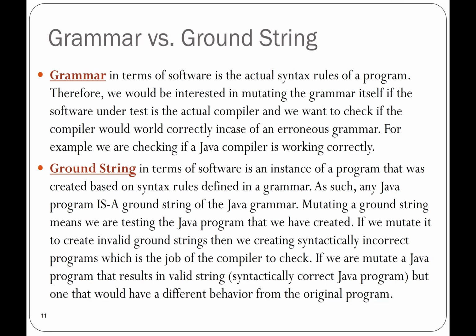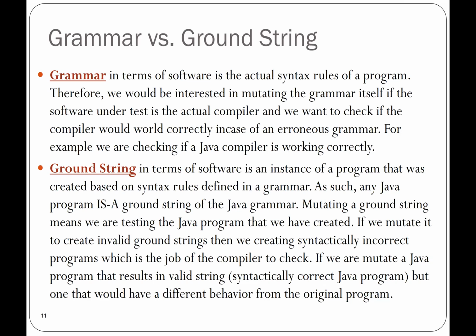And if it's syntactically incorrect, then we're really actually testing the compiler to make sure that the compiler is doing its job. The ground string is an instance of the grammar, okay? Any instance, any derivation. So sometimes we refer to it as a derivation. Sometimes we refer to it as a ground string.